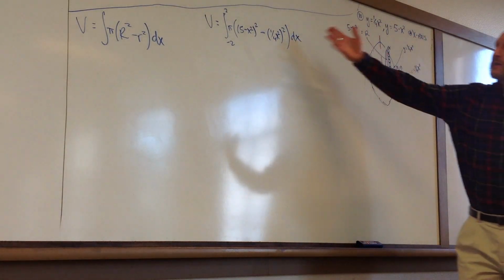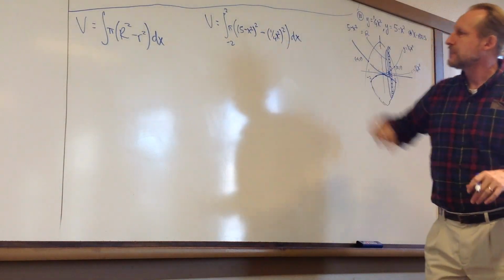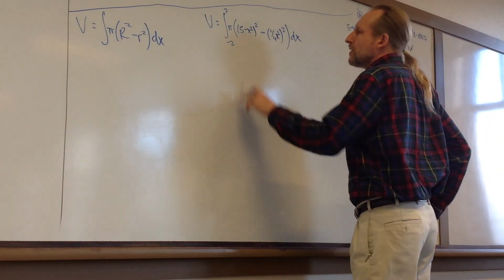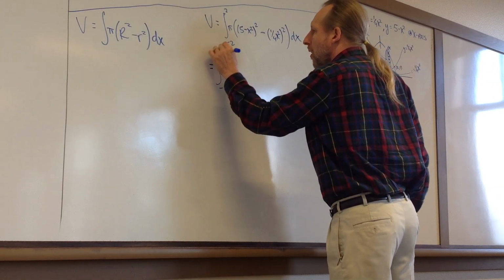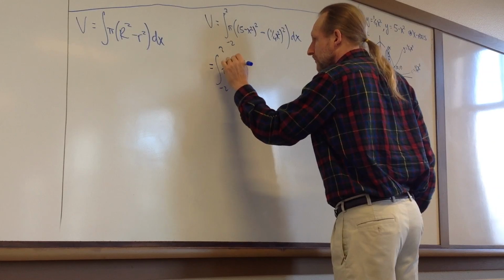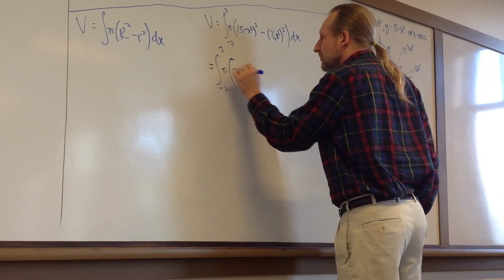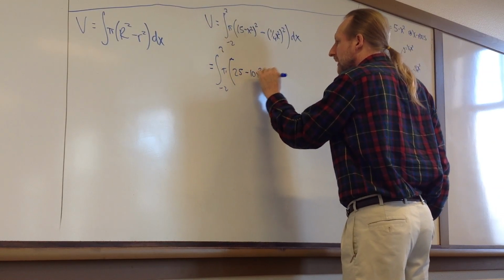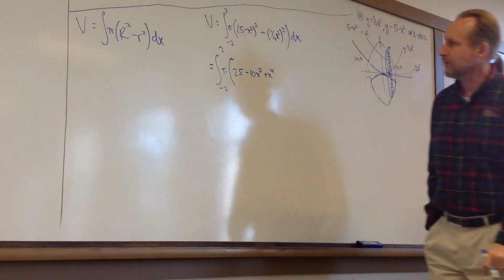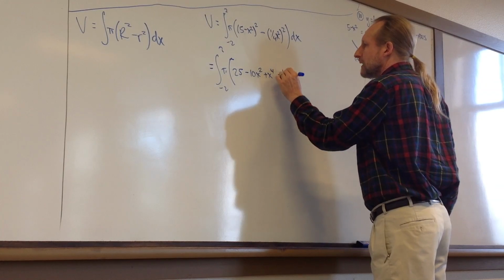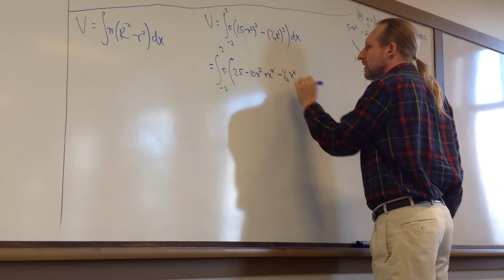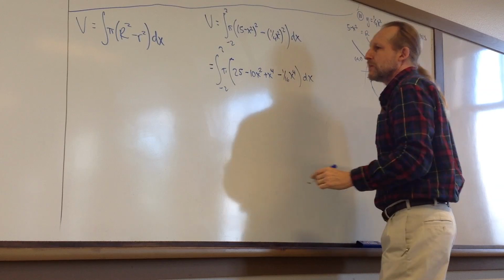Now again, here's the algebra. We need to square these out. Okay? So, 5 minus x squared all squared, that's going to be 25 minus 10x squared plus x to the 4th. And then here, this is just a single term, so that's going to be minus 1/16 x to the 4th dx.